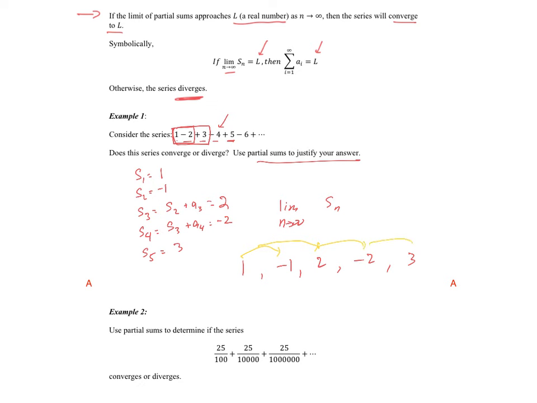Now we're back to negative, and then we're back to positive. Then if I keep going, if I put my negative 6 in there, now we're going to go back to negative. So it looks like it's going to go from a positive 1 to a negative. Then I change to a 2, then I change to a negative, then I change to a 3, then I change to a negative. Just because you see a pattern doesn't mean that it's converging, because my sums here are not going to the same value. So this would be a divergent series.